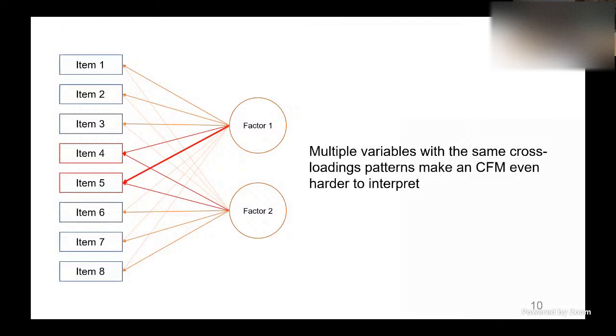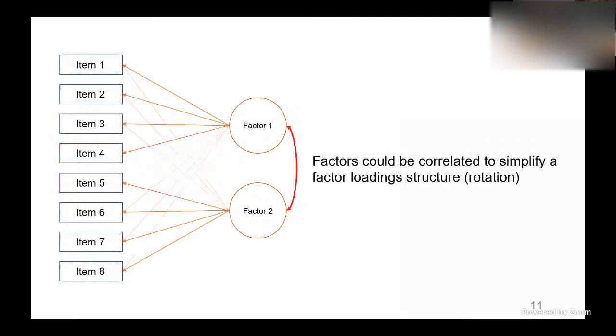In this case, we can only rely on item 1, 2, 3, and 6, 7, 8 to interpret the meaning of factor 1 and 2. Finally, factor rotation can make factor loading structure simpler by allowing factors to correlate with each other. Even though we can make factor loading structure simpler, if we have many factors, such as 10 factors, we can have about 45 correlations to interpret. So the common factor model can still be very difficult to interpret.